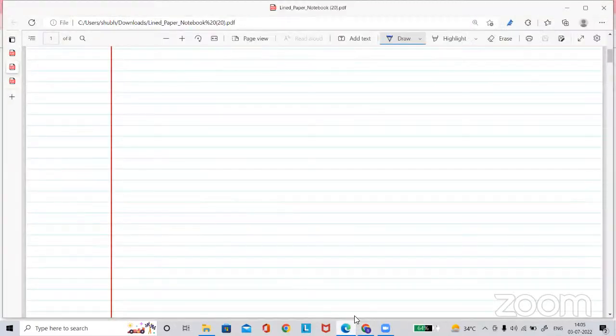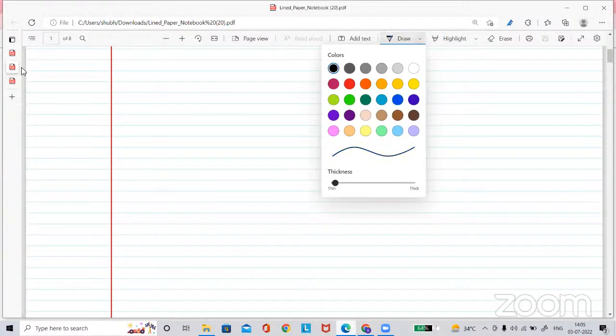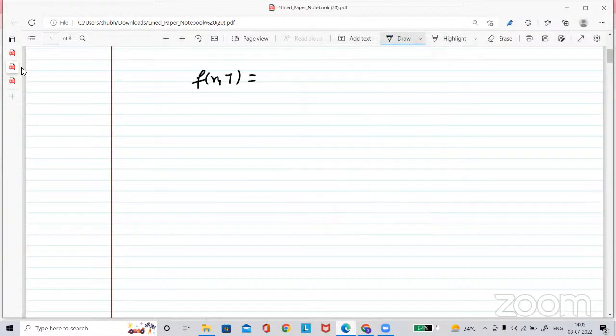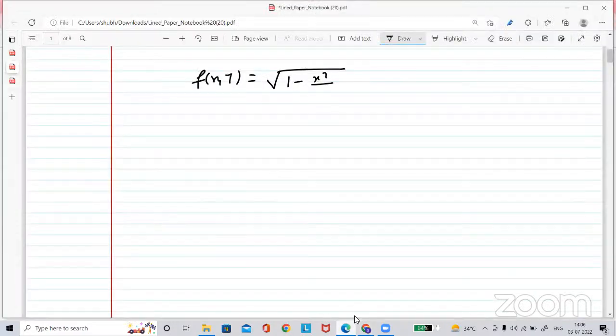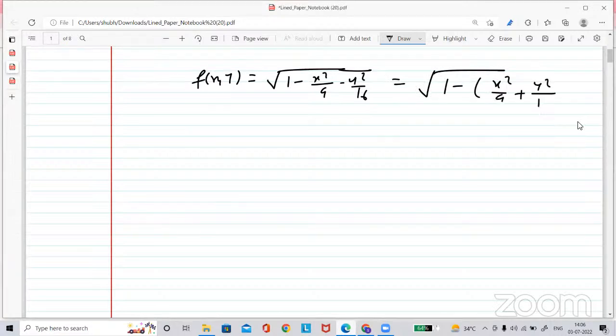Okay. We have f(x, y) equal to root over 1 minus x squared by 9 minus y squared by 16. Take minus 1 common from the x and y terms, so we can write 1 minus (x squared by 9 plus y squared by 16).